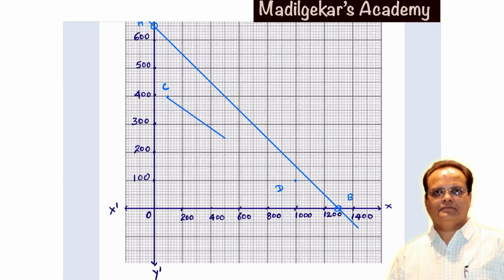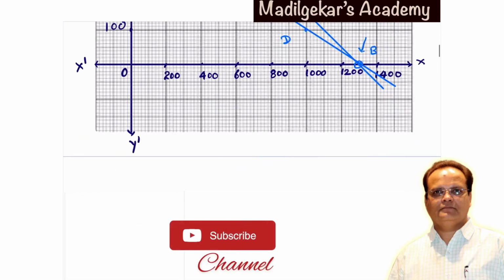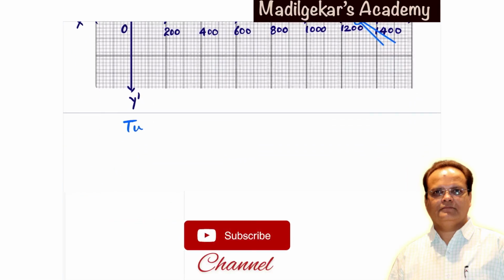Join C and D. As you can see, they intersect at (1300, 0). So the two equations intersect at (1300, 0).